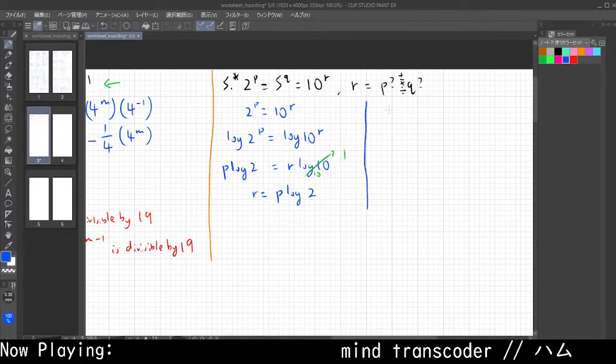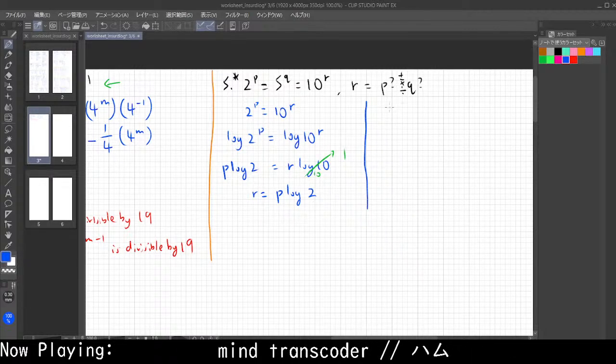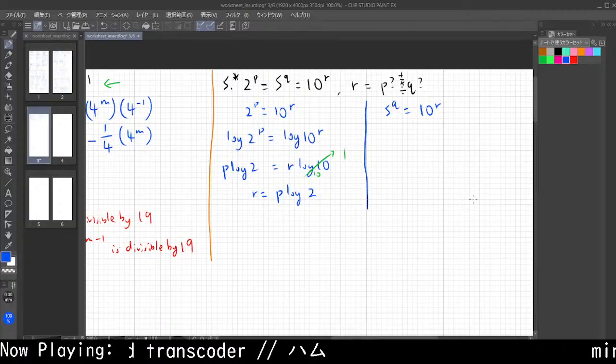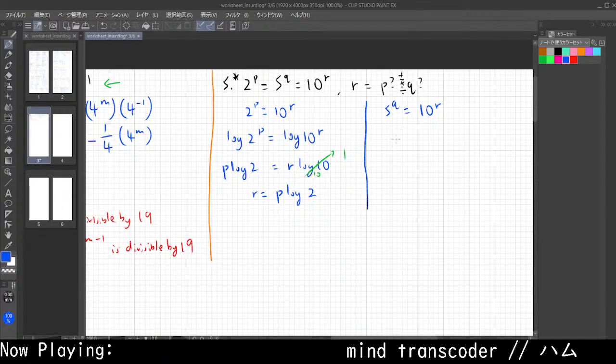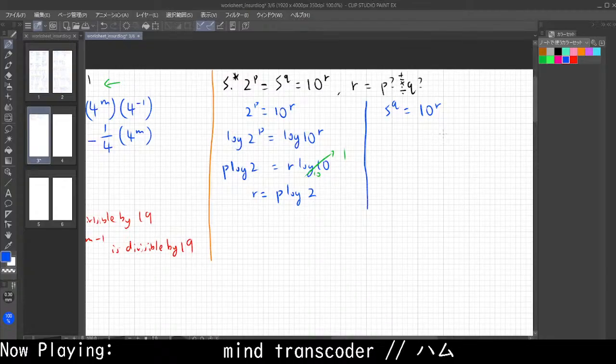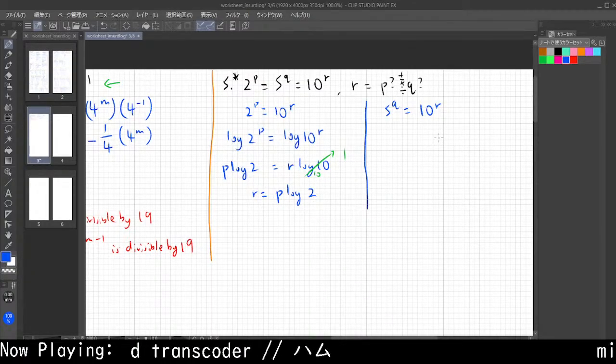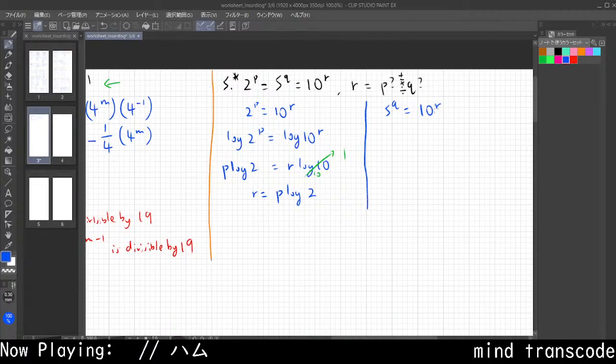Next, my 5 to the q is equal to 10 to the r as well.